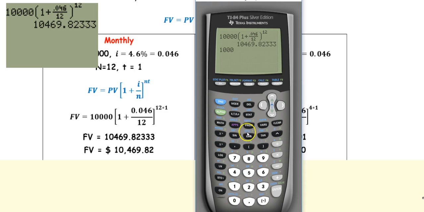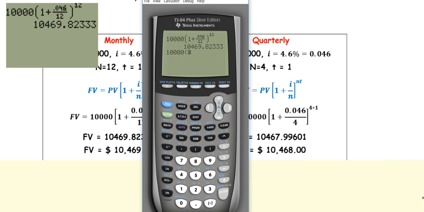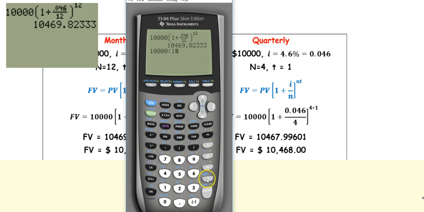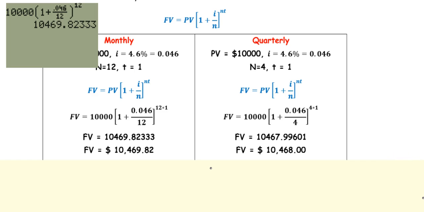You can just type in 10,000, parentheses, 1 plus 0.046 divided by 4, close parentheses, exponent 4 times 1, that is 4, and hit enter. We get 10,467.996, which you can round up to $10,468. That is the second balance.